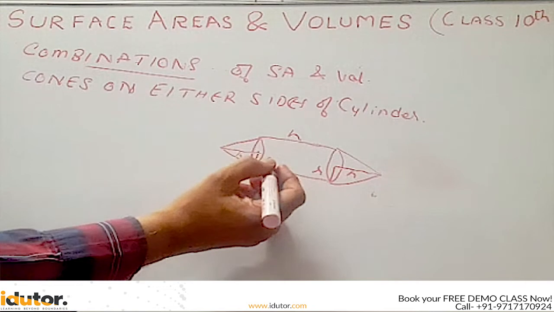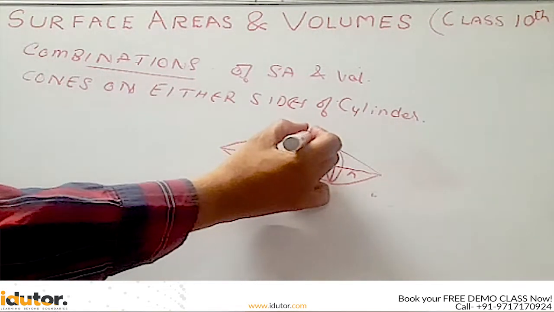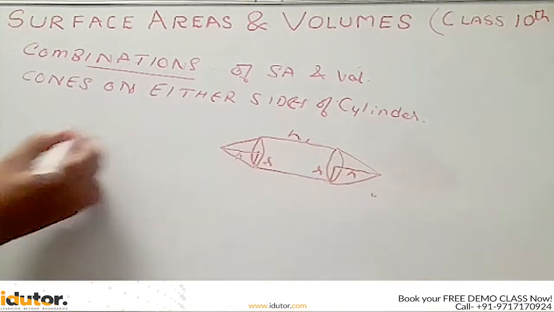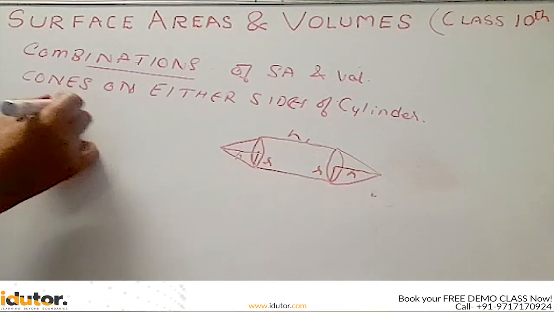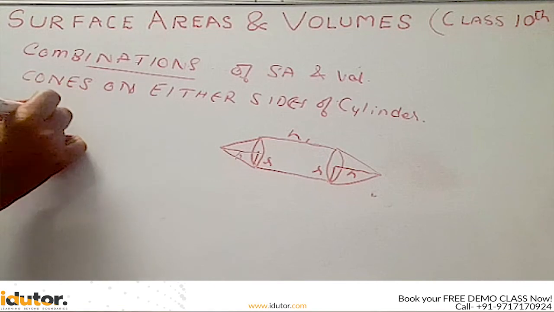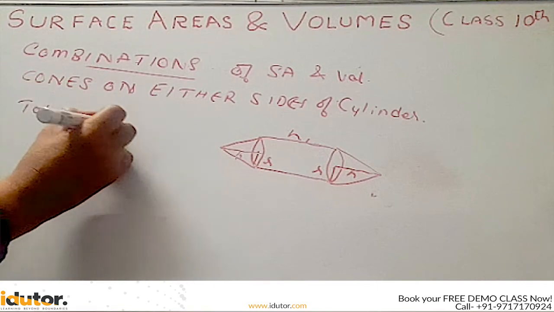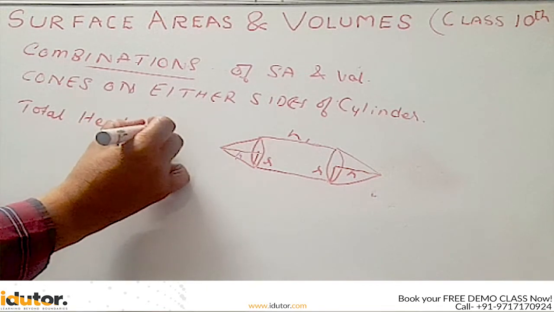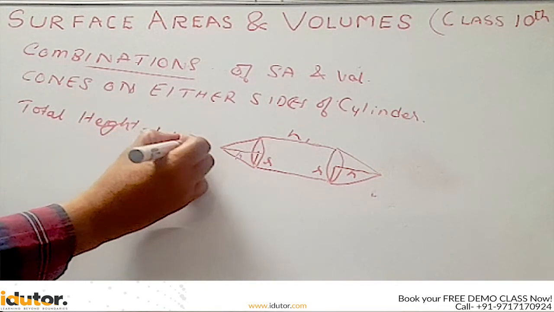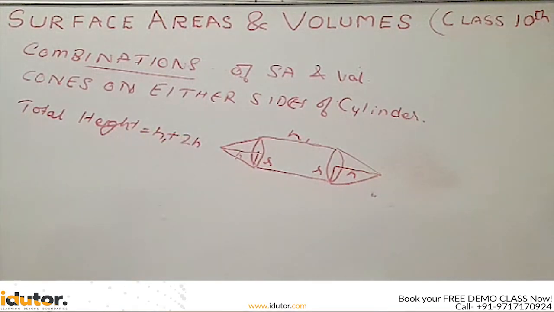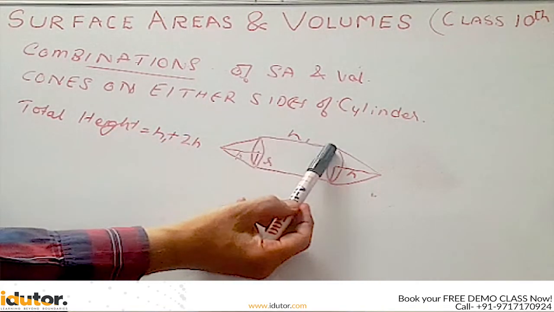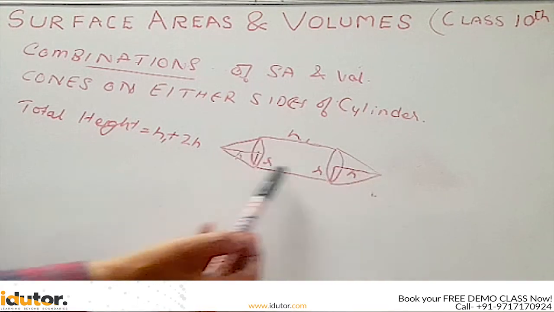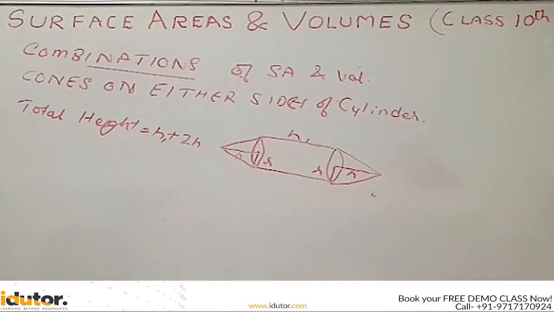Let us take the cylinder height as H1 and the cone height as H. The total height will be equal to H1 plus 2H. H1 is only the cylinder height, and 2H means one height of this cone and one height of this cone. These are the same, therefore 2H for two cones. So this is the total height.